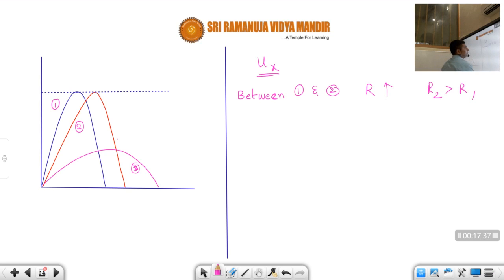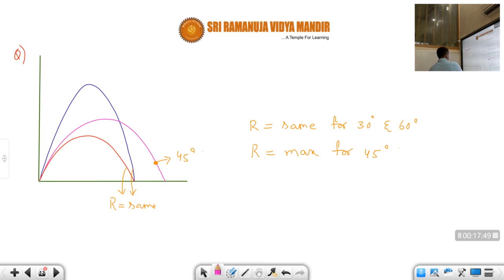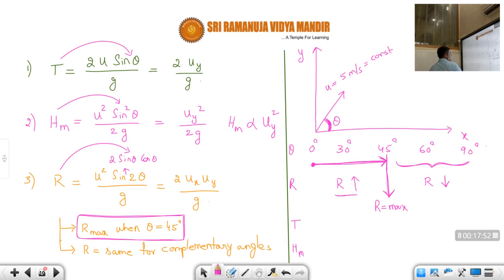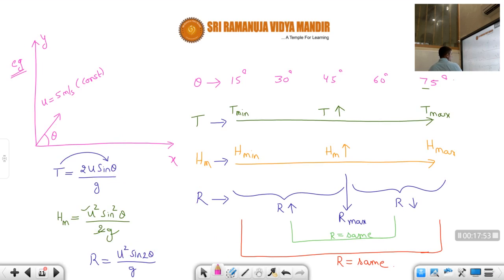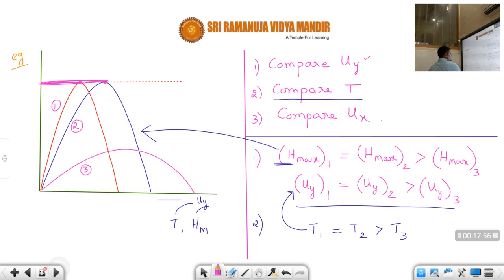Now we have the original formula for range. What is the original formula for range, students? 2 times Ux into Uy by g. Correct or not? This formula we already discussed, we wrote in the beginning. I'll use this formula because we have to compare Ux.